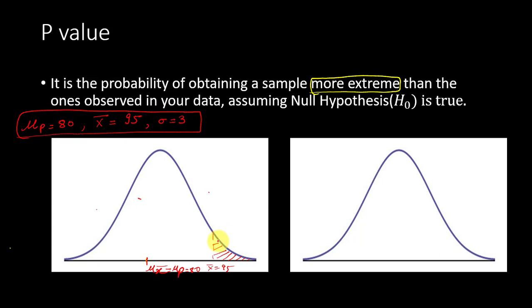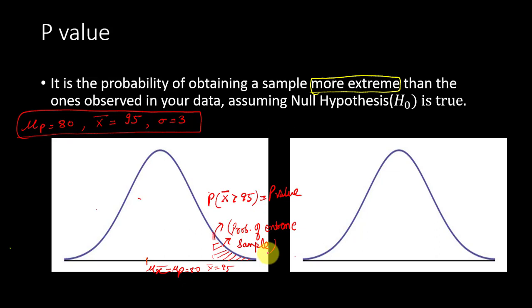Since this is the probability that the sample mean is greater than 95, this will be our p-value. Since this is the probability of extreme data, extreme sample, this would be our p-value.